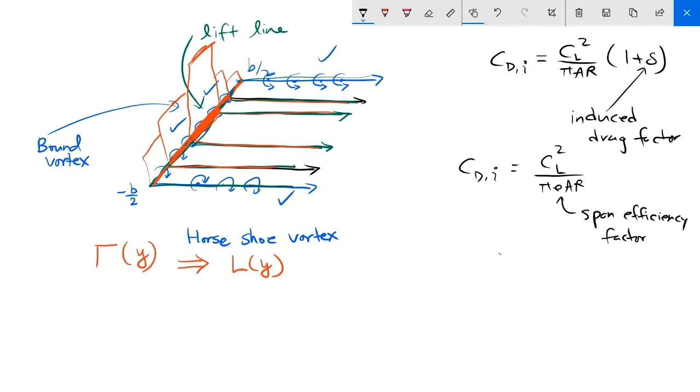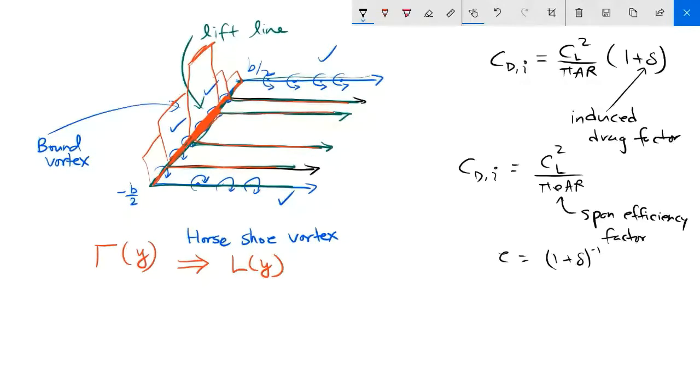Okay, so the span efficiency factor is equal to 1 divided by (1 plus delta). Now the value of this span efficiency factor or induced drag factor will depend on the shape of the wing. It will also depend on the aspect ratio of the wing.